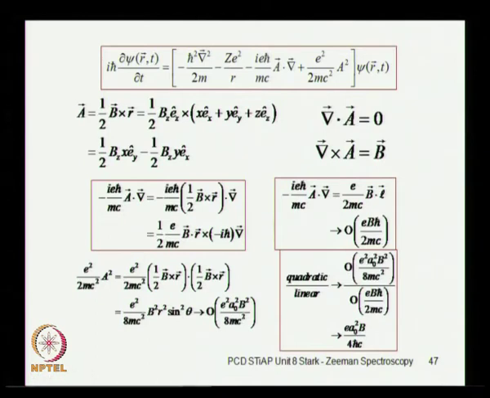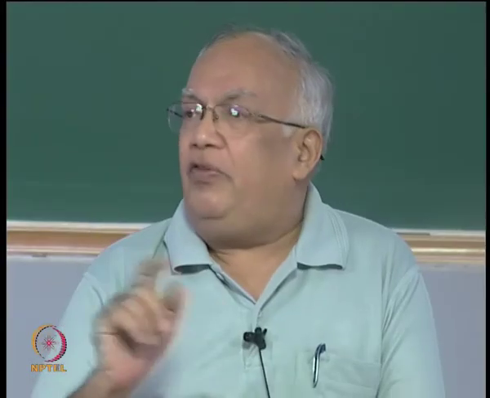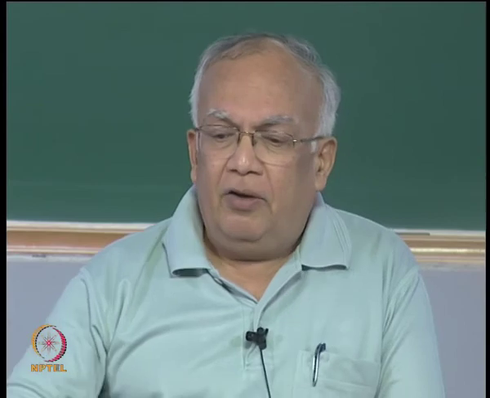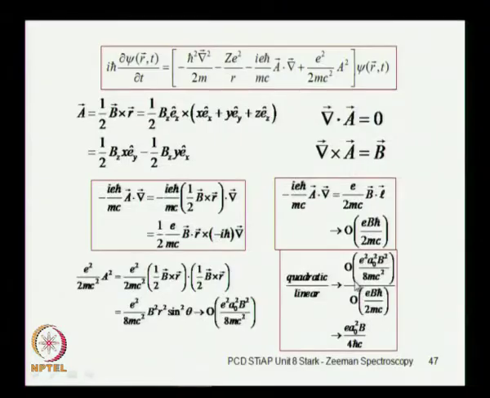So, this is the consideration that I had hinted at: when you talk about strong fields, you have to keep in mind what kind of magnitudes you are talking about. You really need very strong fields to look at quadratic terms, and those are not the magnitudes that we are going to be concerned with in laboratory magnetic fields.